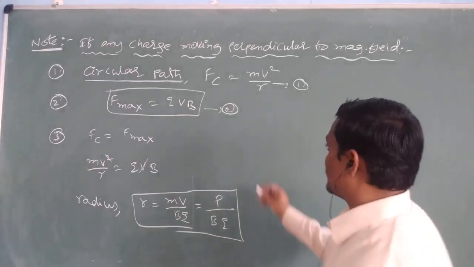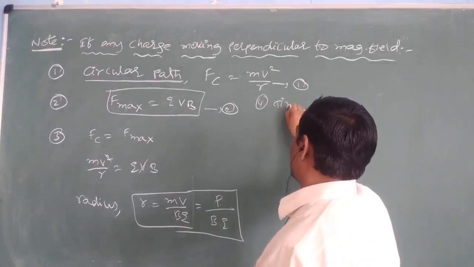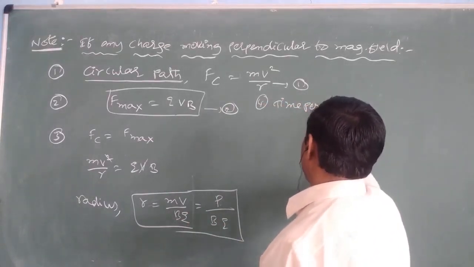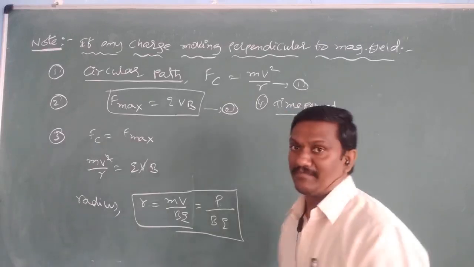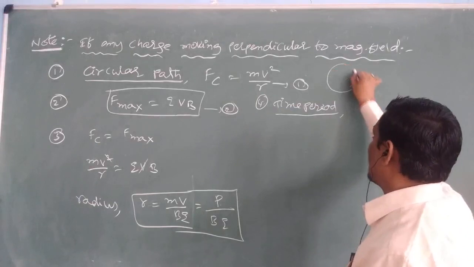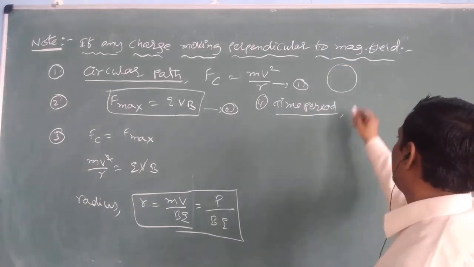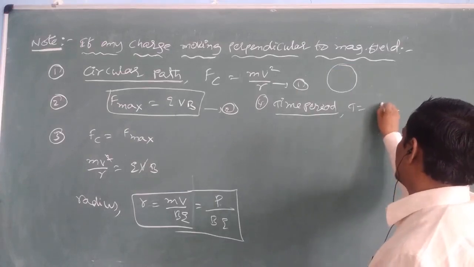Next, by knowing the radius of the circular path, now calculate the time period. We know time period means the time taken by the particle to complete one rotation. Time is distance by speed.